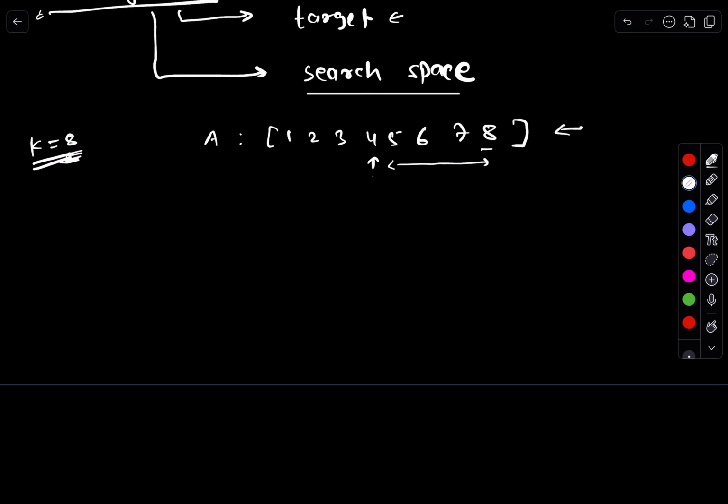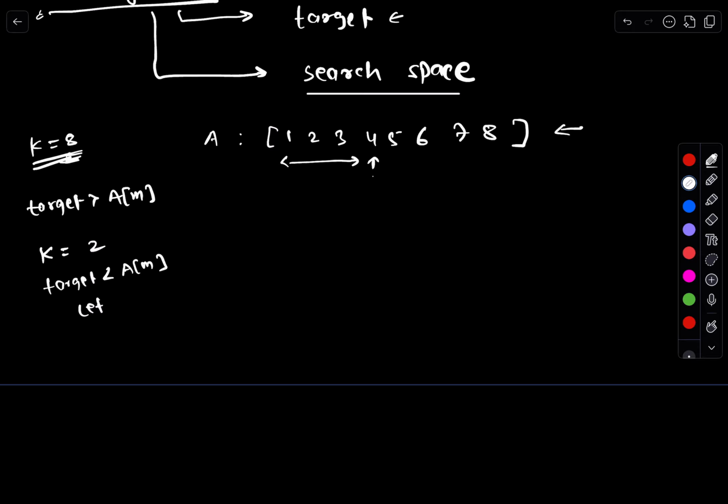Because the target is greater than A of middle. But let's say k equals 2. In that case, where would you look? What is your search space? Your search space is the left side of the middle element. So if the target is less than A of middle, your search space is the left; otherwise, your search space is the right.